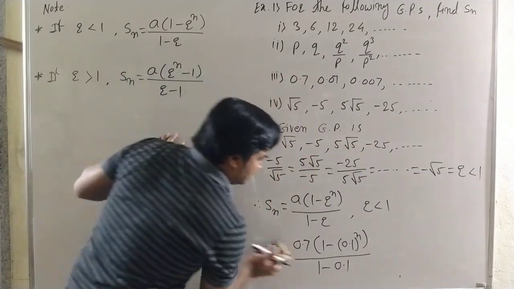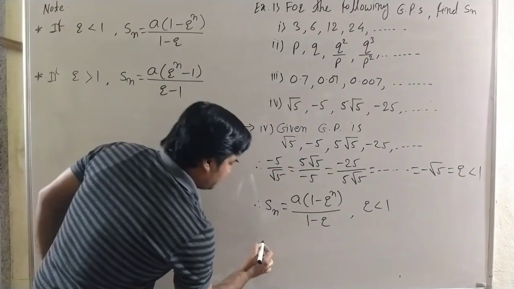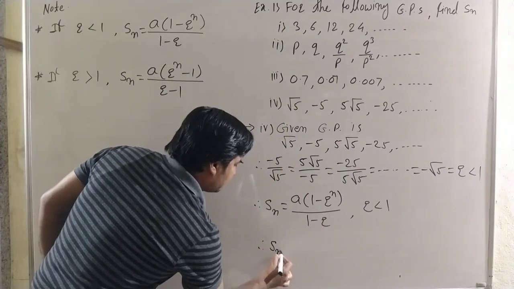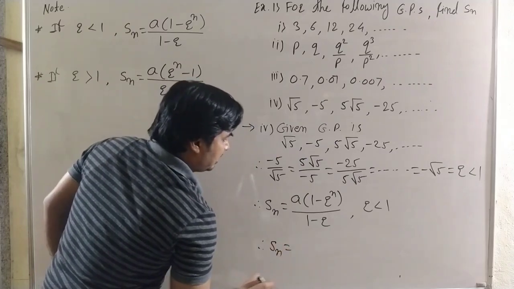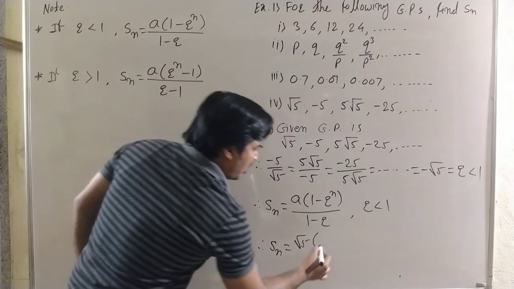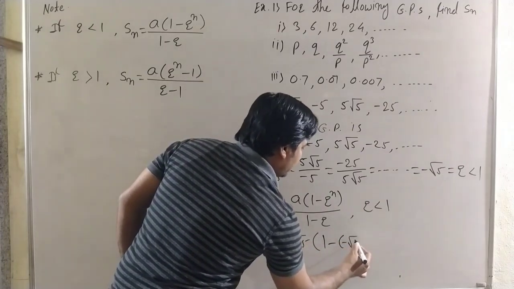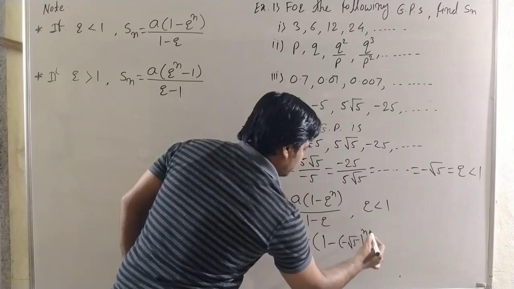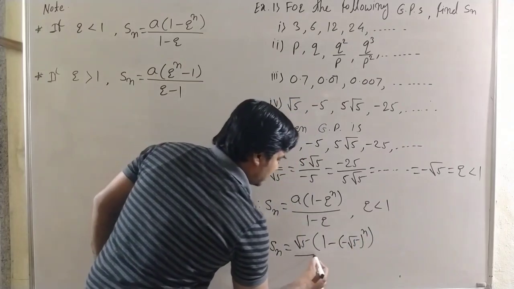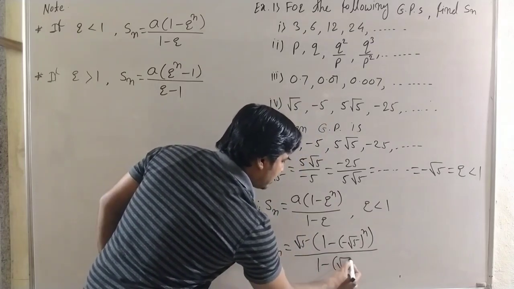Okay, and now the formula for the sum of the first n terms: Sn is equal to A, which is under root 5, into 1 minus under root 5 to the power n upon 1 minus under root 5.